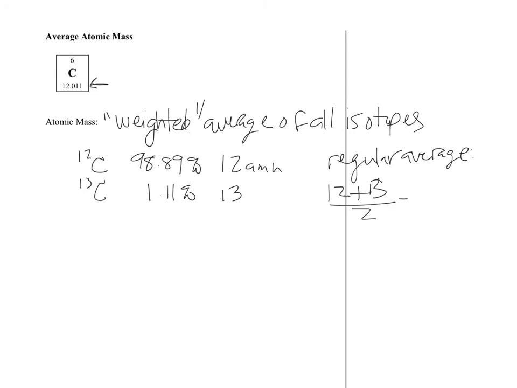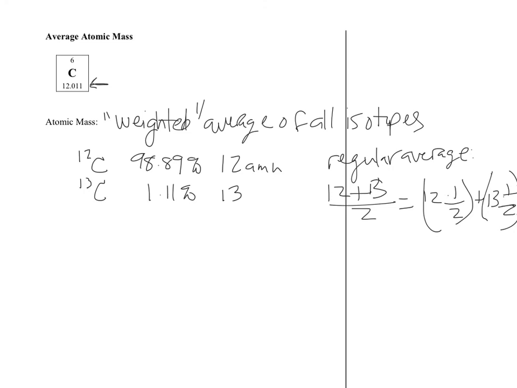This is the same as saying I'm going to take 12 times 1/2 plus 13 times 1/2. I hope you can see the comparison there: 12 divided by 2 and 13 divided by 2.